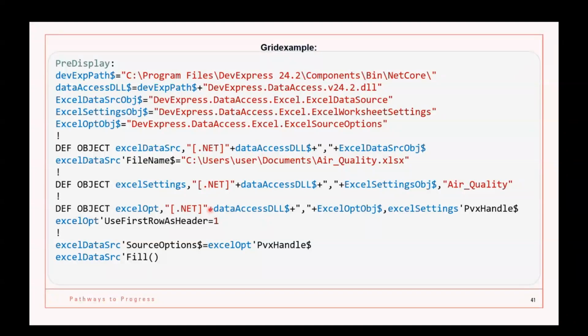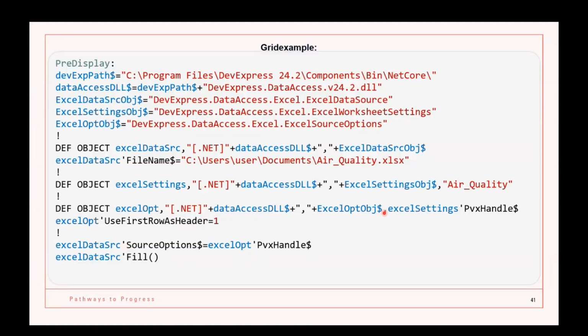So now I can pass in my Excel source options object to my Excel data source object, and the property it lives in is source options. And you notice here I've got $ on this side because I'm using PxHandle$ to do the assignment of the .NET object. And then finally, I can call the fill method of my Excel data source.